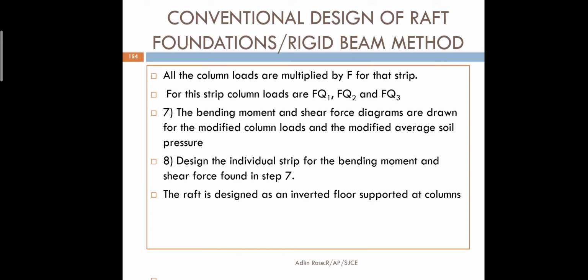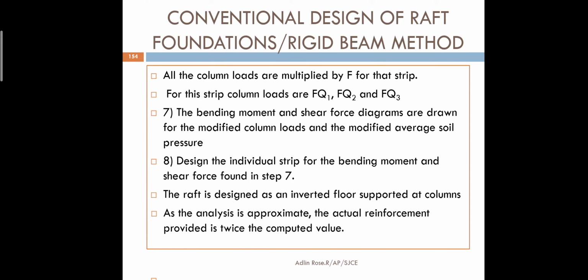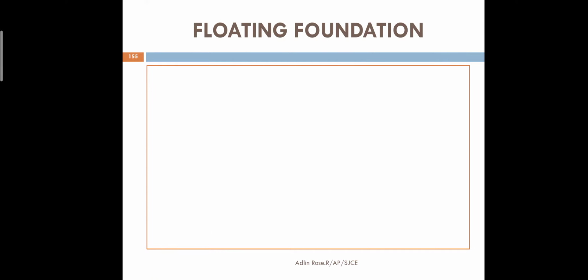So this is the procedure for finding mat foundation design. This is the procedure for proportioning, and you don't have a problem in this, the procedures have been passed down for generations. Then the last topic of this unit is floating foundations.